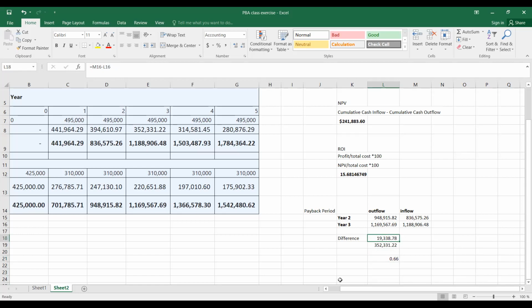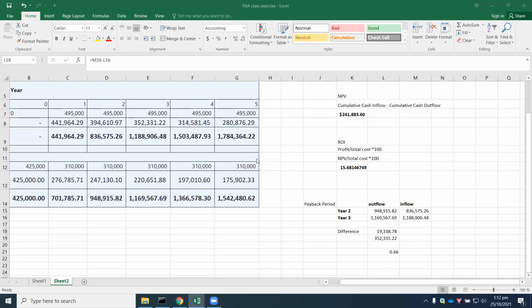Anyone? Are you able to figure out whether that is correct or not? Now, this is not correct. Figure out what is wrong in there.